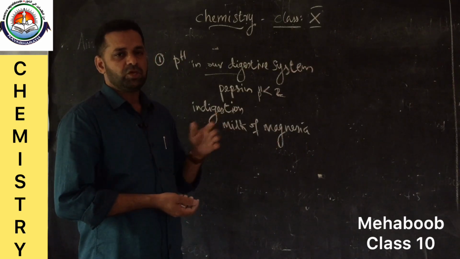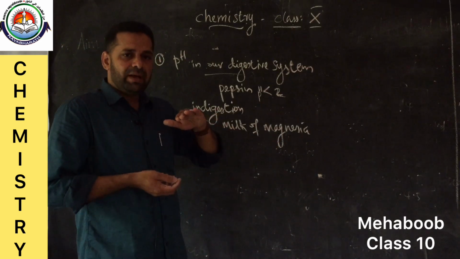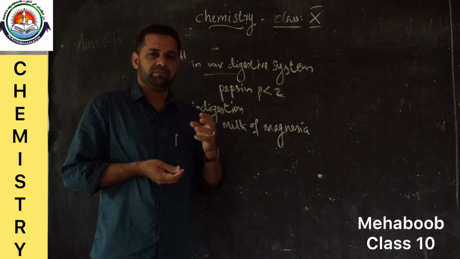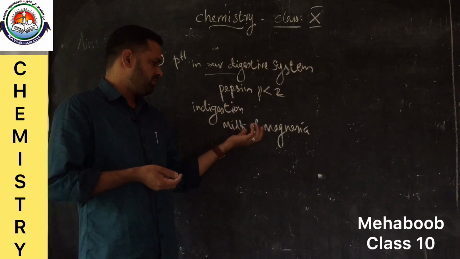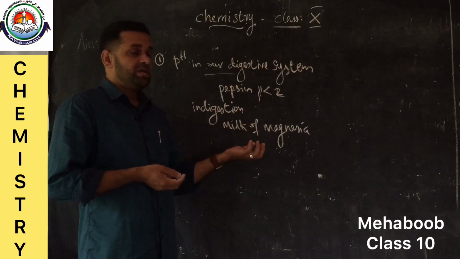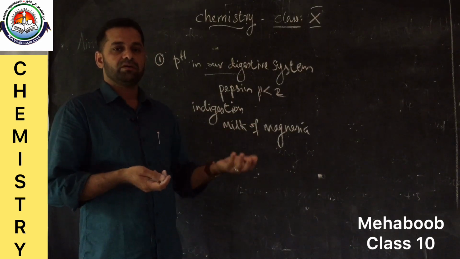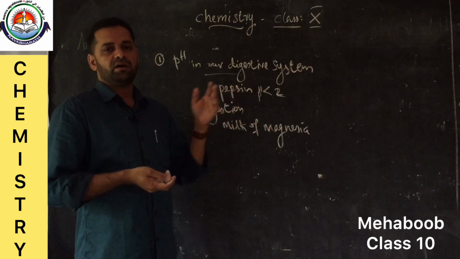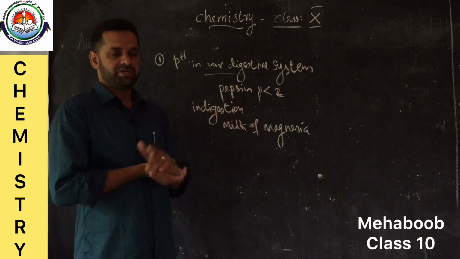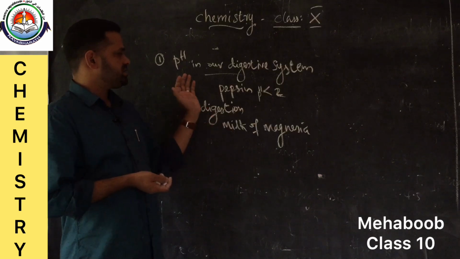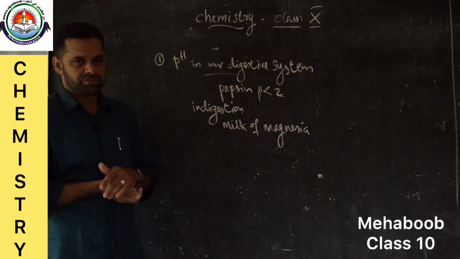So it can be cured. What is happening there is that these mild bases neutralize the acid inside the stomach, and they get relief from the pain of indigestion. So that is the role of pH in our digestive system.